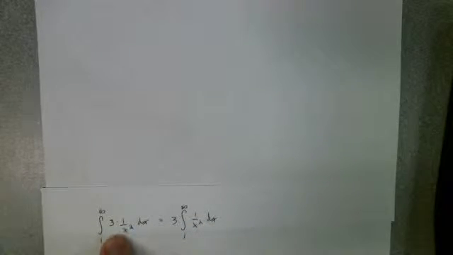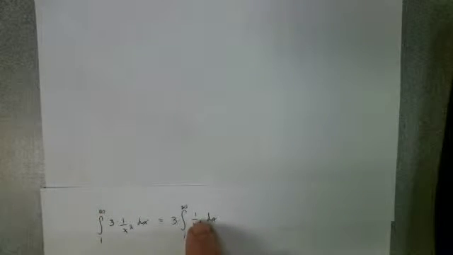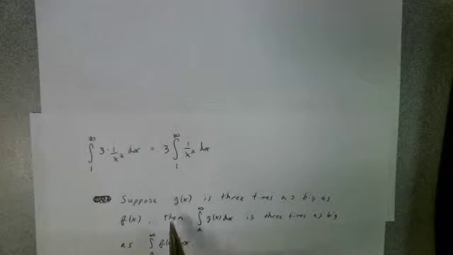This function is 3 times as big as this function. Because this function is 3 times as big as this function, this area here is 3 times as big as this area over here. So I'm getting at the following idea. Suppose g of x is 3 times as big as f of x.